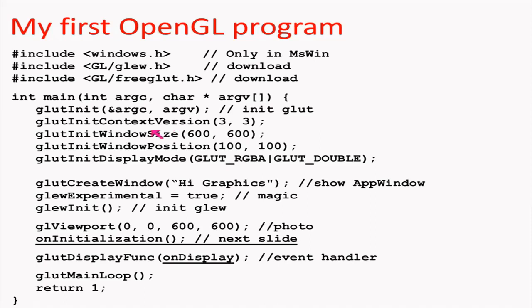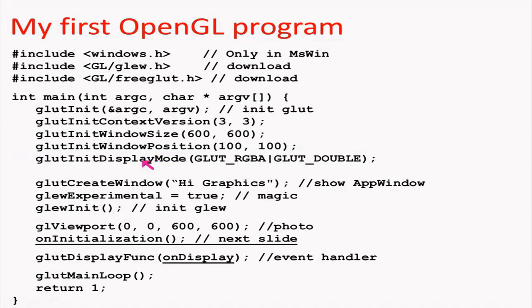glutInitWindowSize specifies the initial resolution of the application window. glutInitWindowPosition specifies where it is initially placed relative to the upper left corner of the screen. glutInitDisplayMode tells GLUT what to store in a single pixel.